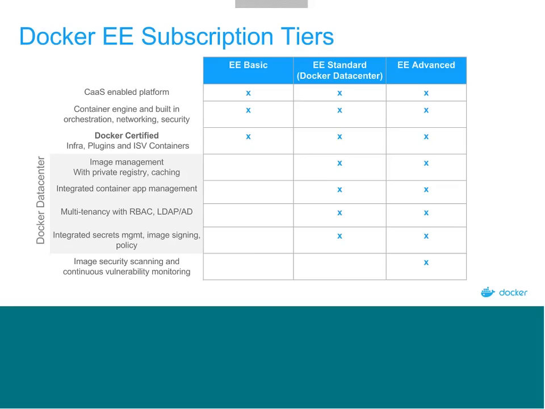So that comes with Docker Universal Control Plane, which has user and image management, and a bunch of other great stuff. And finally, there's Enterprise Edition Advanced, which on top of Standard adds on-prem security scanning and vulnerability monitoring for Docker images.